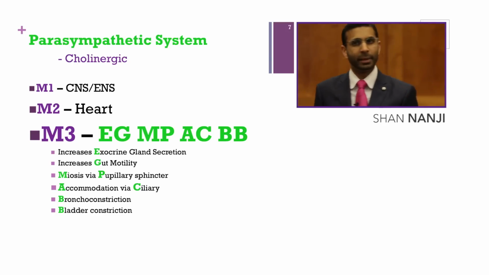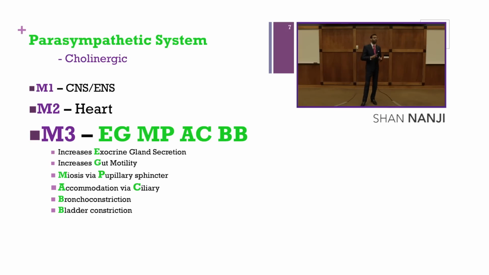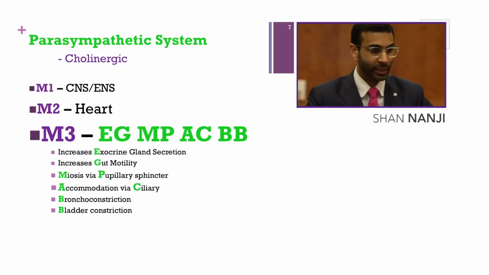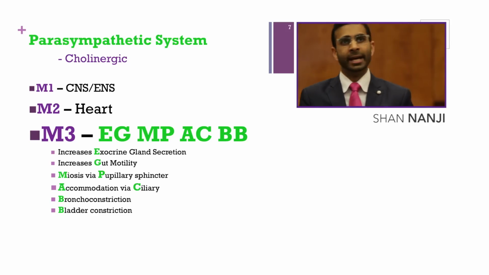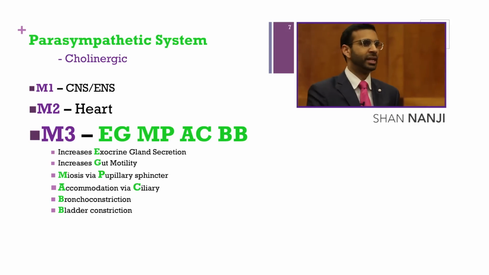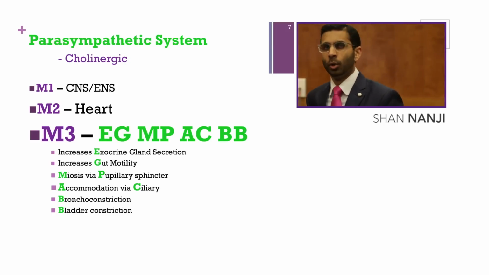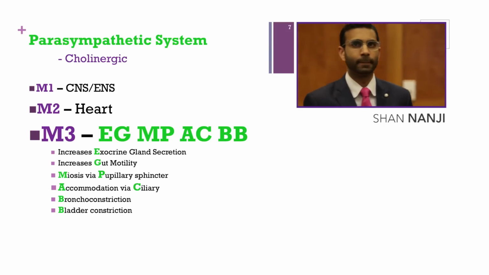Constipation, because in a person that has constipation, you want to increase their gut motility so they can poop and actually have a bowel movement. And you're going to do that via the M3, the muscarinic type 3 receptor, which is parasympathetic and cholinergic.